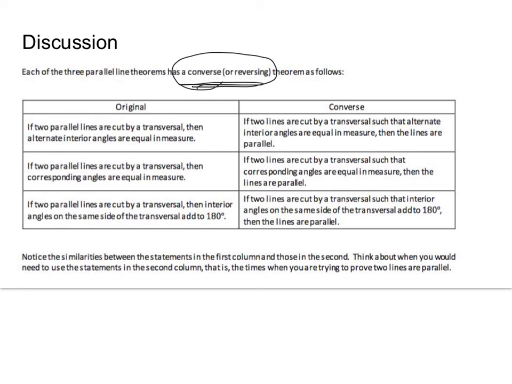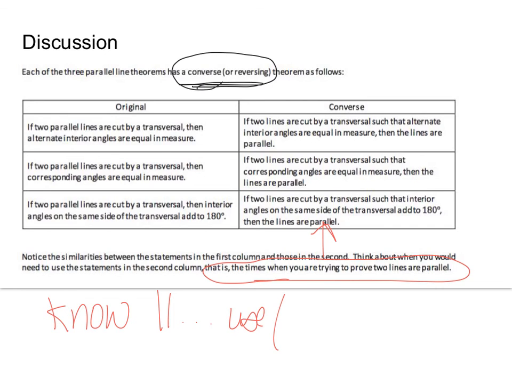That is, the times you are trying to prove parallel lines. So when you're trying to prove two lines are parallel, you're using the second. If you know two lines are parallel and you're trying to use that information for other things, that's when you use the first column. This page, so this is the closing, okay? That's what we've talked about.